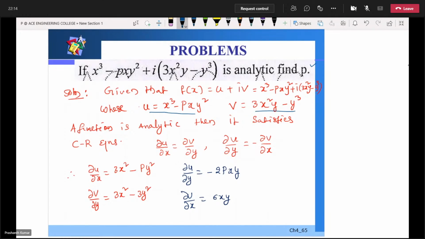A function is analytic, then it satisfies CR equations. Therefore, I'm writing these two CR equations. Now we find ∂u/∂x, ∂u/∂y, ∂v/∂y and ∂v/∂x.